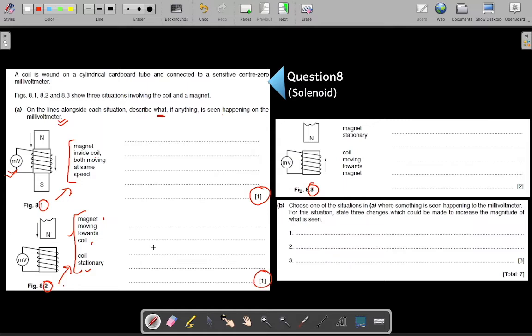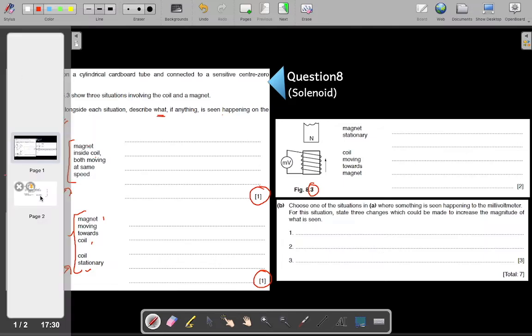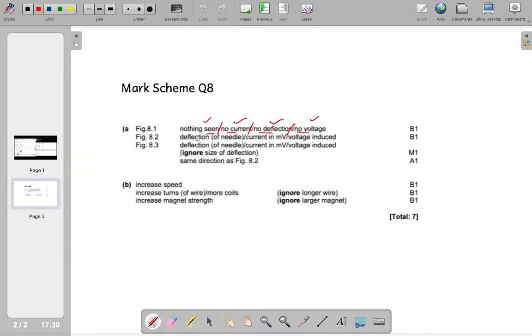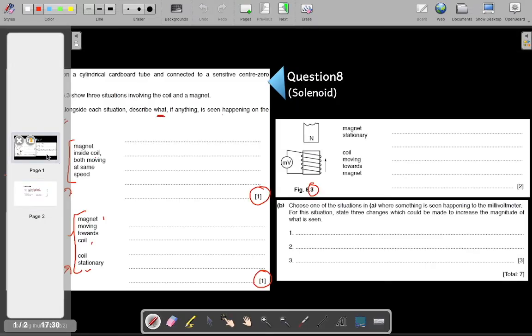You write one point stating you see a deflection, or there will be a current, or there will be an EMF induced. Any one of these statements will get you 1 mark. No need to worry. Either you can say deflection of the needle, there is current, there is voltage induced, any one of these points. You need not write so much, it is a 1-mark question. Any one of these points will get you the full 1 mark.